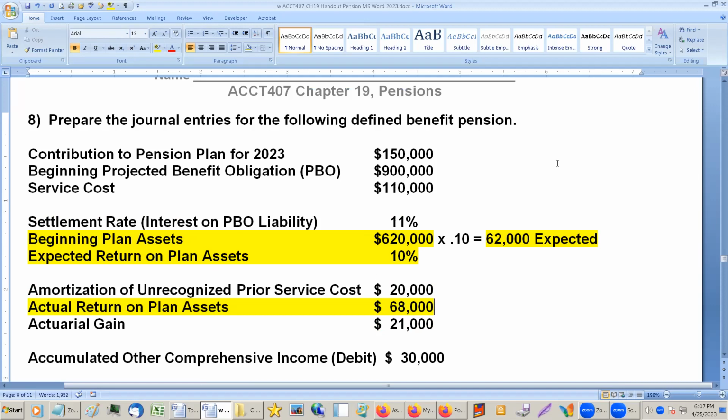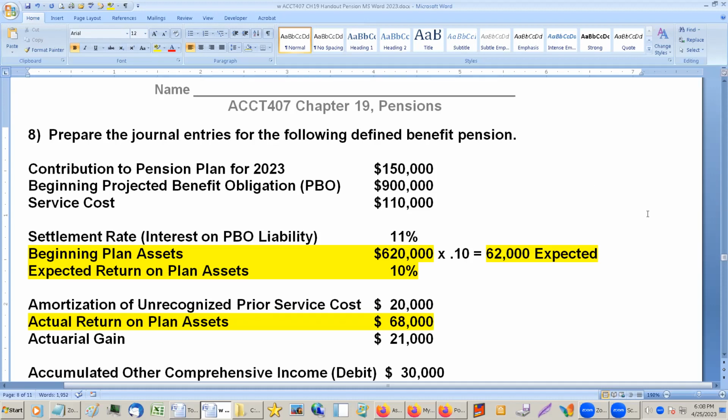So is this an unexpected gain or unexpected loss? Gain. Yeah, they thought they were going to make 62,000. It ended up making 68. That's 6,000. Okay, so we have an unexpected gain of 6,000.